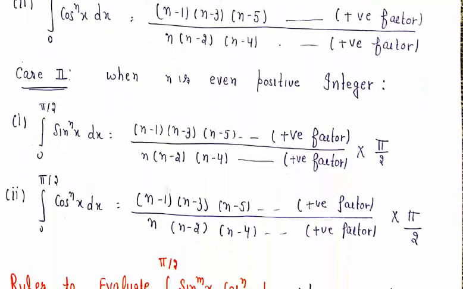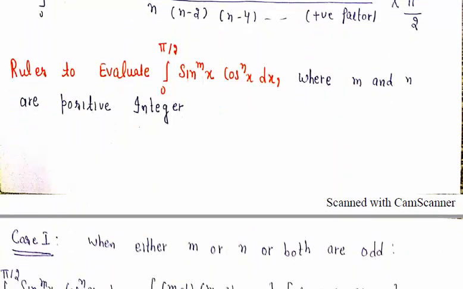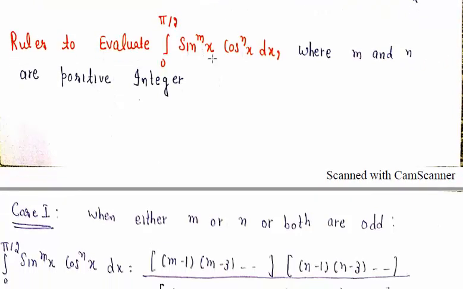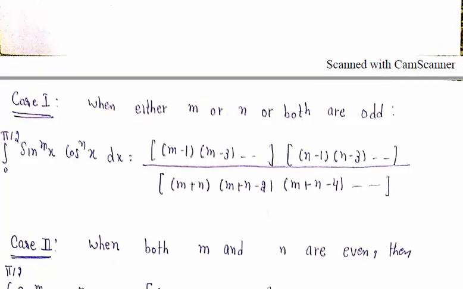Similarly, we discuss one more formula to evaluate the integration from 0 to pi by 2 of sine raised to power m x cos raised to power n x dx, where m and n are positive integers. The formula is divided into two parts.